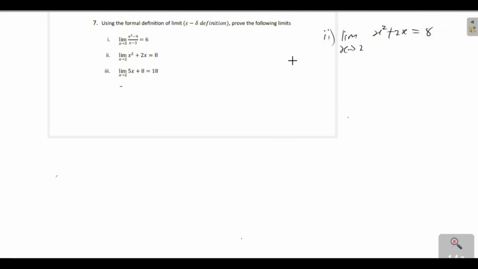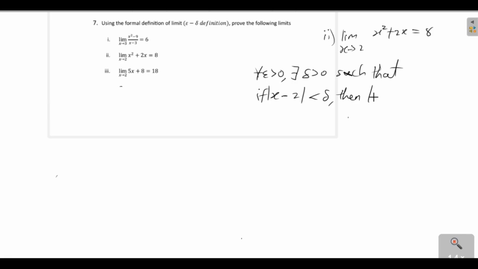Of course, we are going to use the same definition: for every epsilon greater than 0, there exists some delta greater than 0 such that if the distance between x and this point where x is approaching, that is 2, is less than delta, then the distance between the function and its limit is less than epsilon.